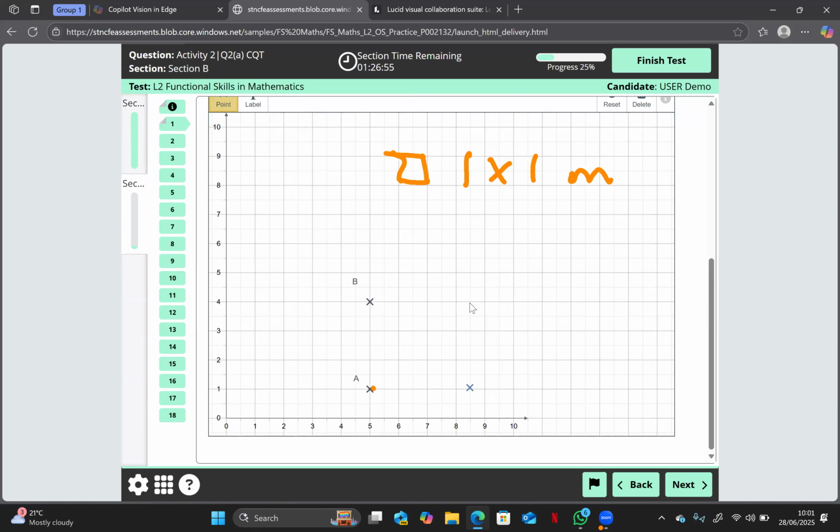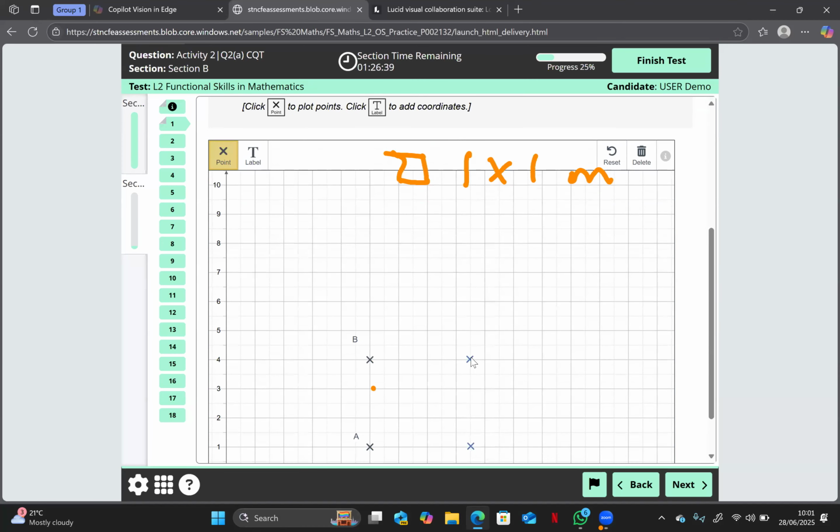It will be there, there, and also be here. Well, that's where the marks are gonna be.